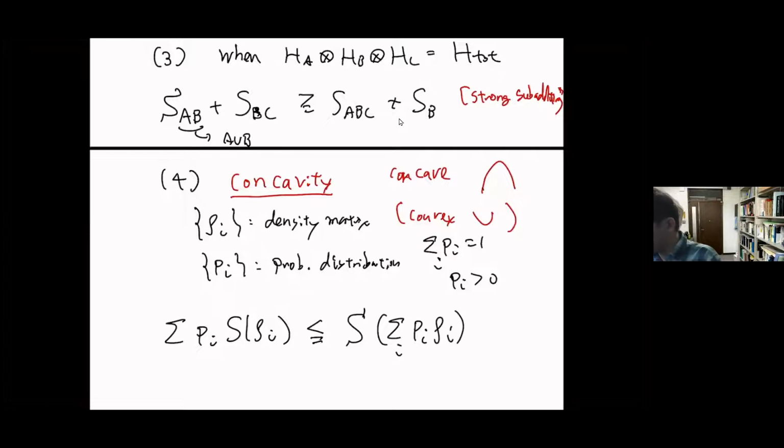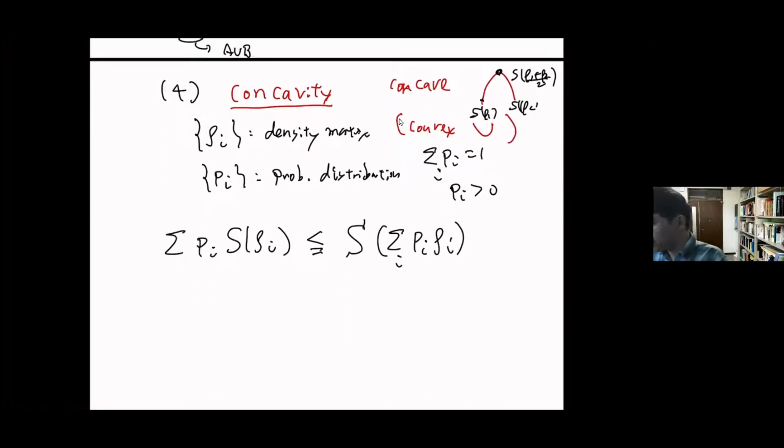You can think of this as rho 1 and this as rho 2, and here it's rho 1 plus rho 2 over 2. But we also have some upper bound, which is sometimes useful.